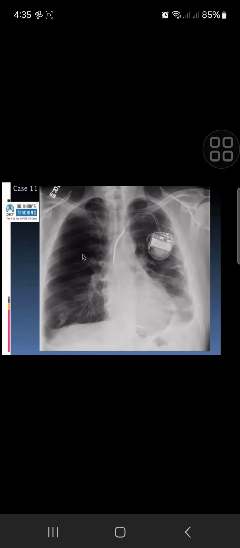You can ignore that, I'll explain what they are later. So ignore the left lower zone opacity and the possible pleural effusion, whatever is happening in the left lower chest.